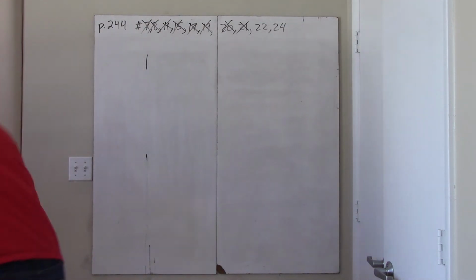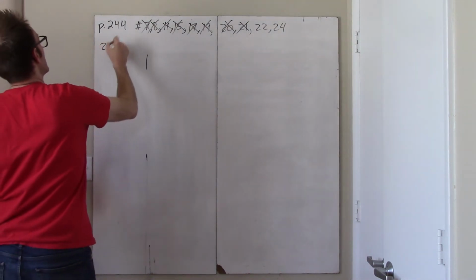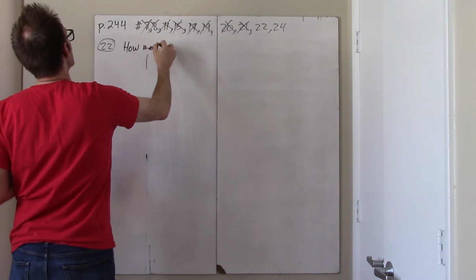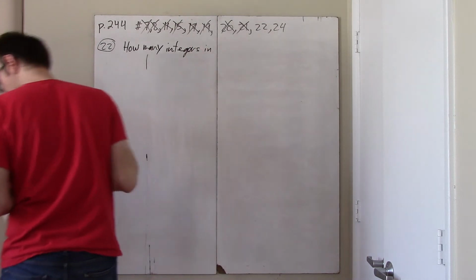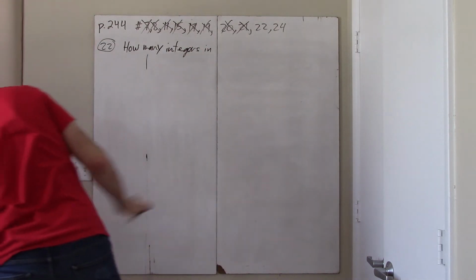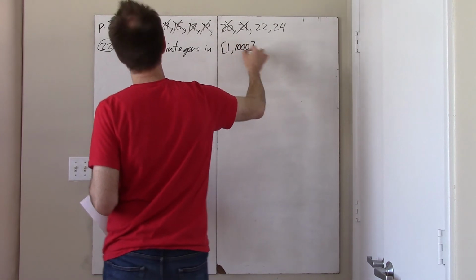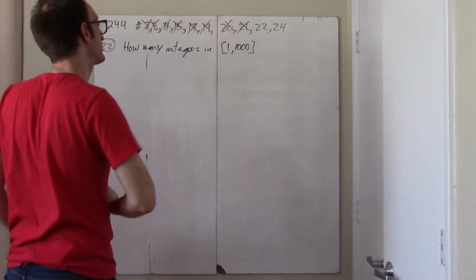Yeah, here we go. 22. How many integers in the set 1 to 1000, I don't know what kind of notation that is, kind of weird, are divisible by at least one of the primes 2, 3, 5, 7.